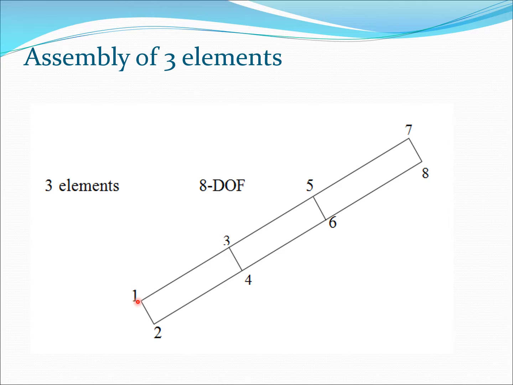The interesting thing to see is that though there are a total of 8 degrees of freedom, there are some common degrees of freedom. Between this segment and this segment, there are common degrees of freedom 3 and 4. Between these two segments, the common degrees of freedom 5 and 6. So we have to figure out some way to get these things together.